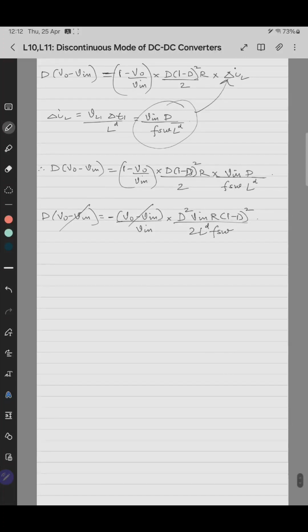Yeah, so the remaining terms are this. We'll send the denominator towards the LHS. So it will be D Vin into 2L by D switching equals to minus D squared into Vin R1 minus D whole squared.